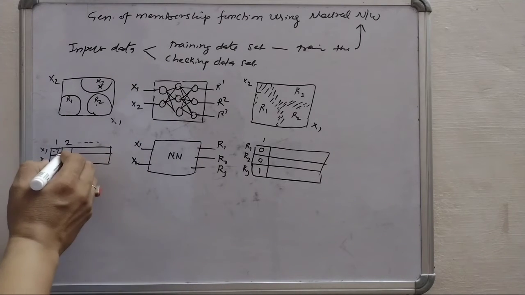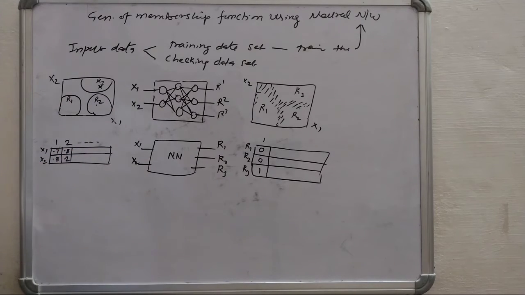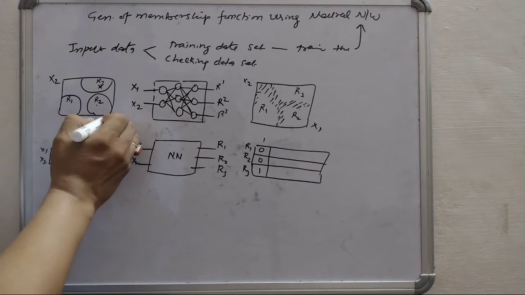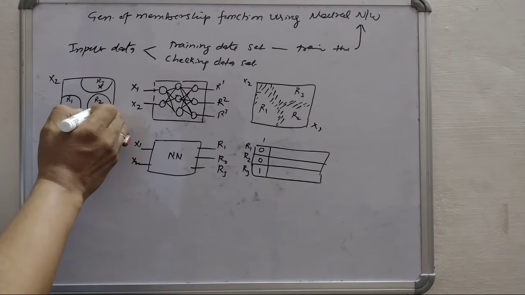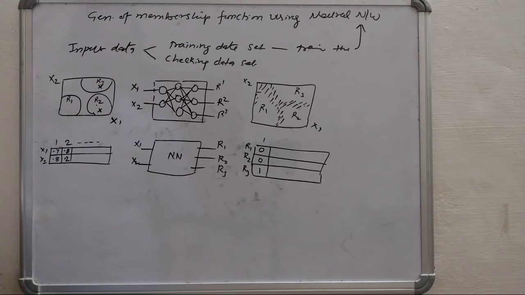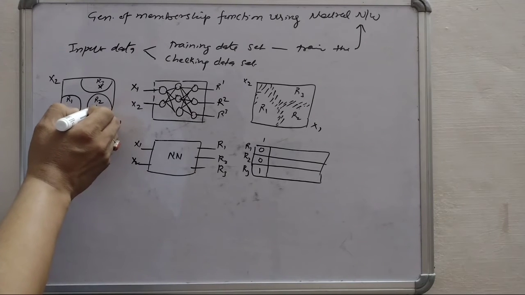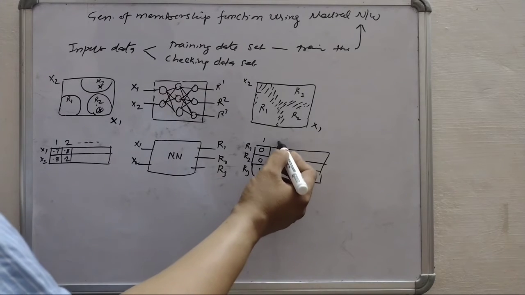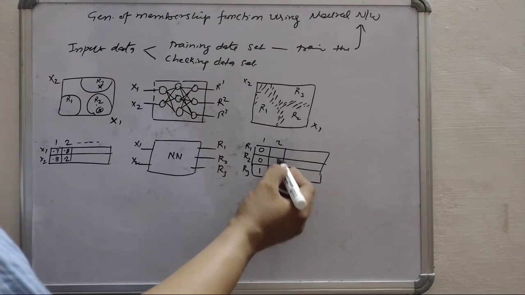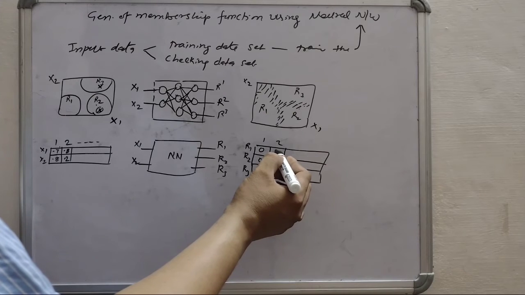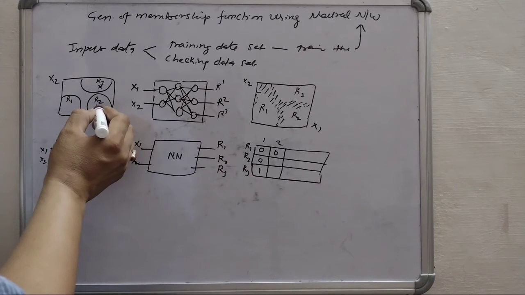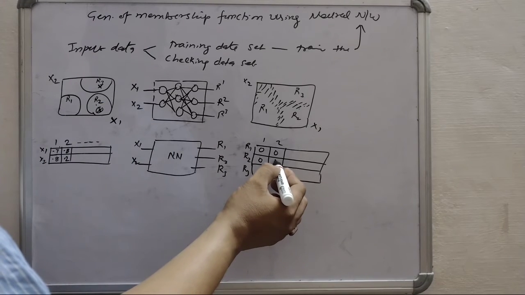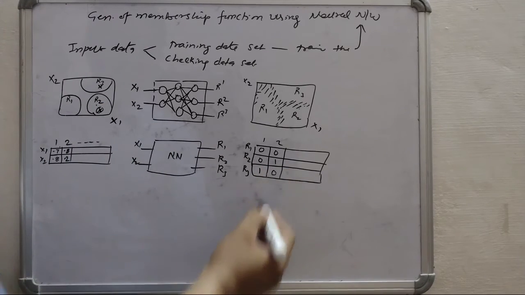Then we can take the second data, like 0.8 and 0.2. So 0.8 on the x-axis and 0.2, it will be around here. Since it belongs to region R2, for the second data we write the membership value in region R1 as 0, and it belongs to region R2, that's why it is 1 here and 0 here.